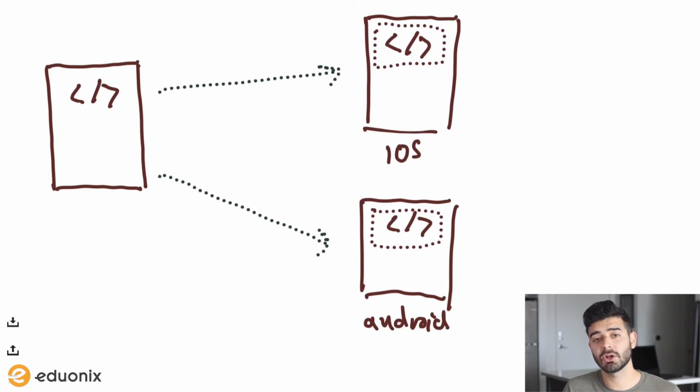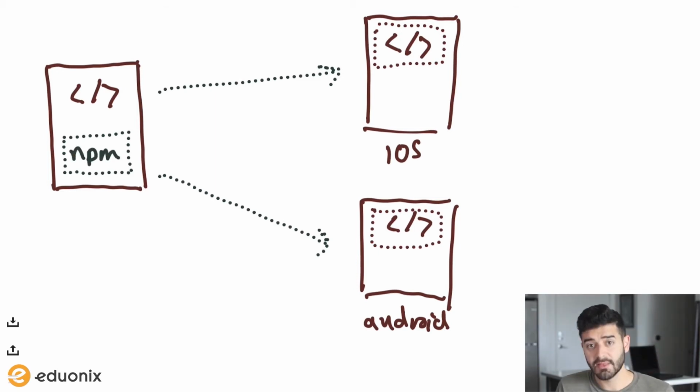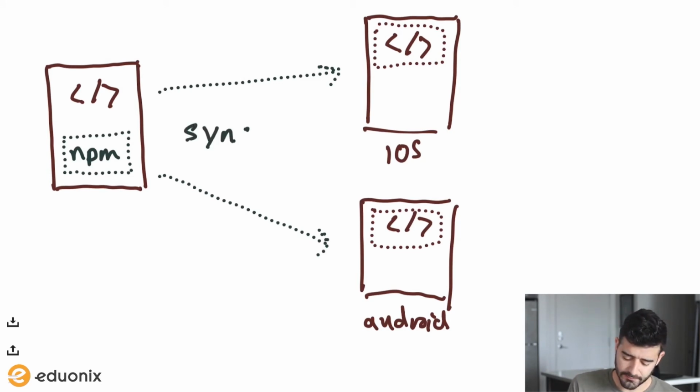Ionic Plugins start off as an NPM package that we add to our Angular app. So let's say we want to access the camera. So we would add a Capacitor camera plugin NPM package. Then we would run the Capacitor sync command.